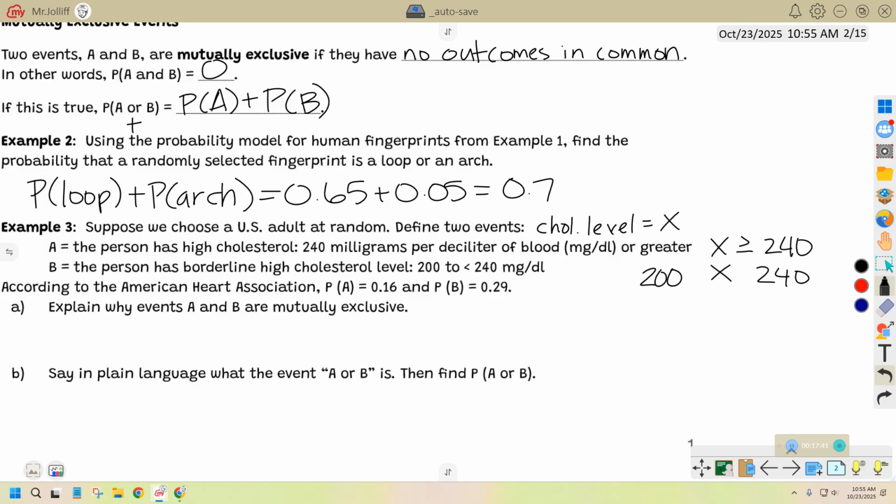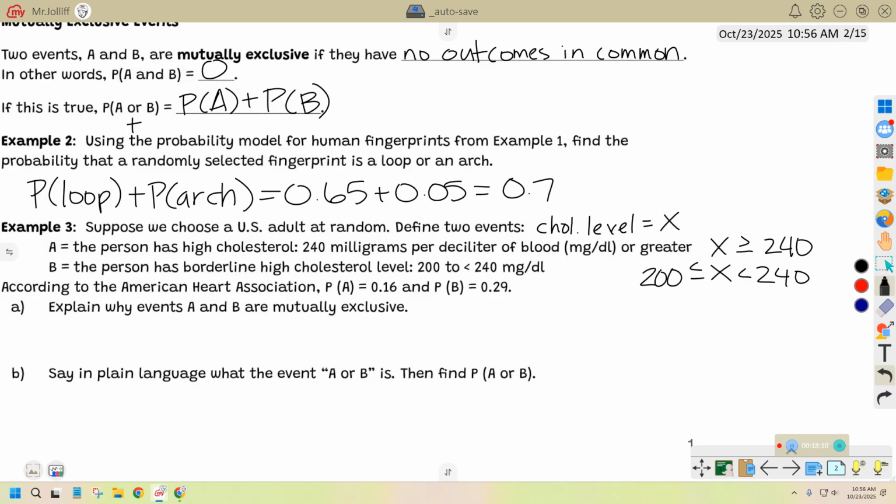Less than or equal to. They didn't tell us that we were greater than 200. They said 200 is the starting point. Good. Symbol between the X and the 240. I'll give you a hint. It's already on the board. Less than. Yeah. We want to go up to 240 but not include it, because once you're at 240, you are then in the high cholesterol group. High cholesterol starts at 240.